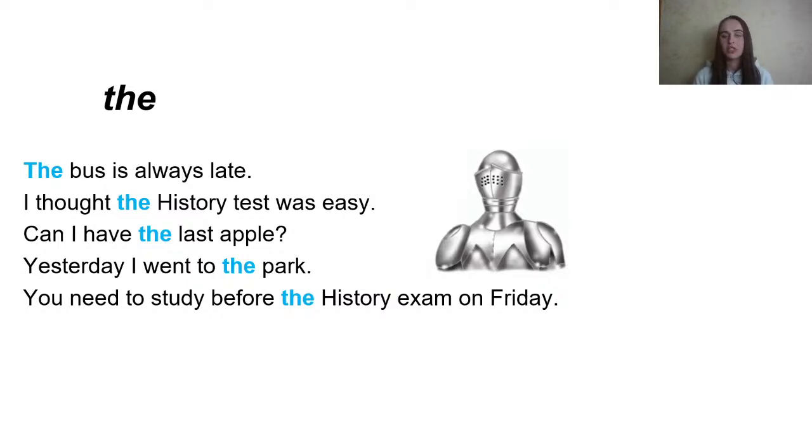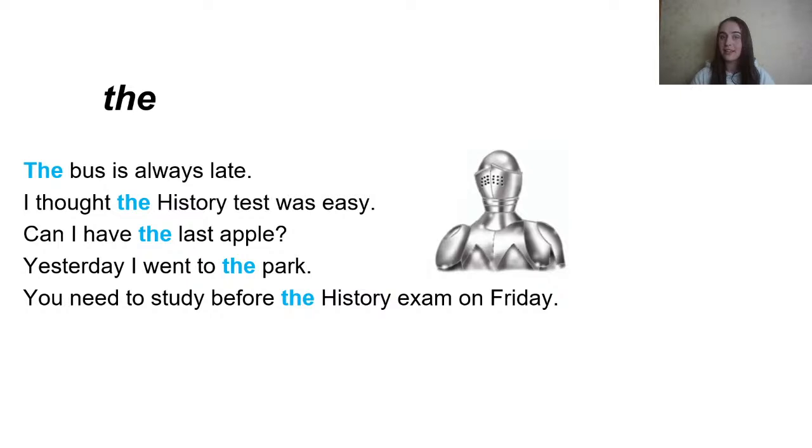Also, one more exception connects to the ending S. The countries that have this ending S at the end are also used with the article: the Netherlands, the Bahamas, and so on. Good. So these are some exceptions that you just have to remember, but mostly with the countries you do not use the articles. So once again, with the countries you do not use any articles.